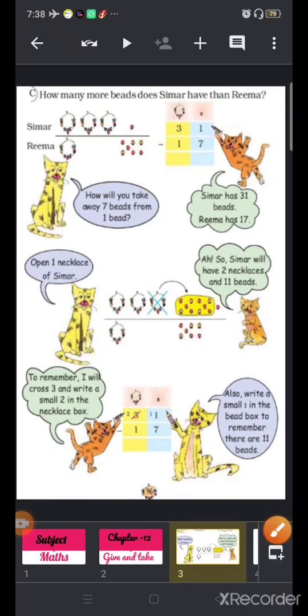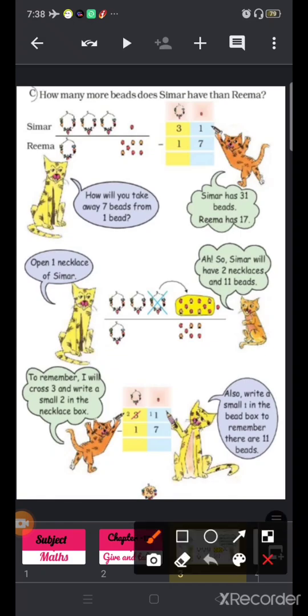This 3 will give 1, isn't it? So 1 becomes 11 and this 3 becomes 2.